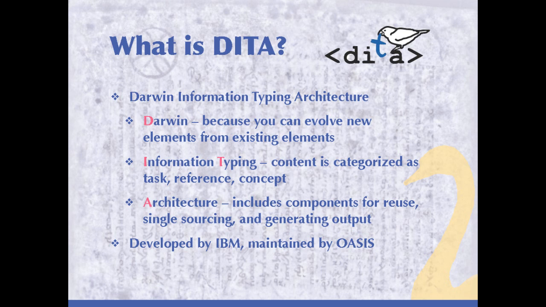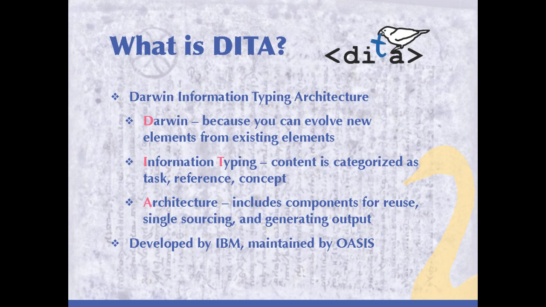Information typing is a concept that's been around for a good bit of time, and it is the idea that you can provide information or content in various categories. DITA in particular has task, reference, concept, and then a basic topic. You can also customize and add additional information types if you wanted to.